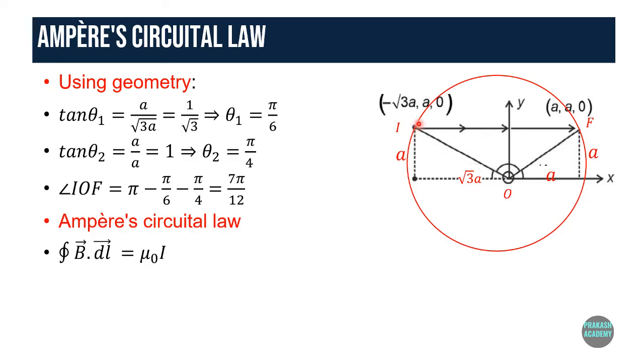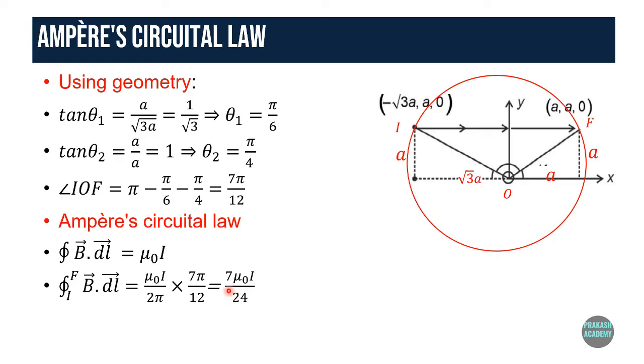So, we can calculate what the contribution is due to this part of the loop. So, that will be mu naught I divided by 2 pi and multiplied by this angle. So, we can write the contribution due to this one is equal to mu naught I divided by 2 pi times this angle, 7 pi by 12.